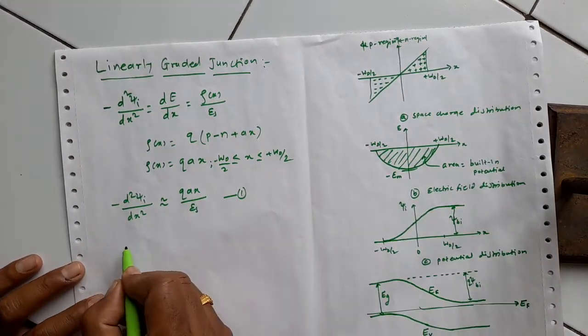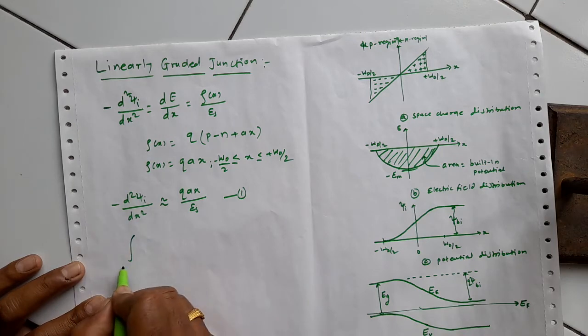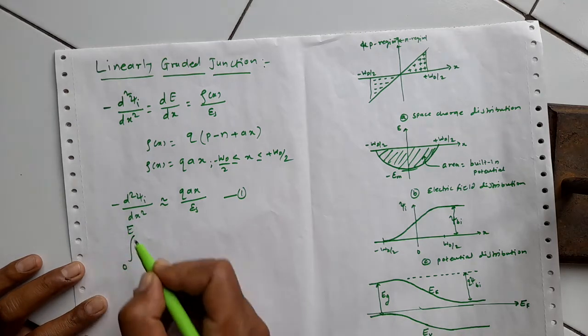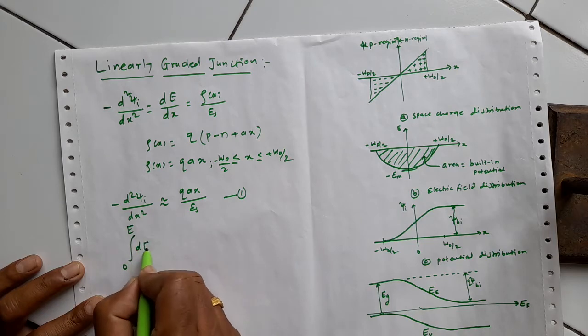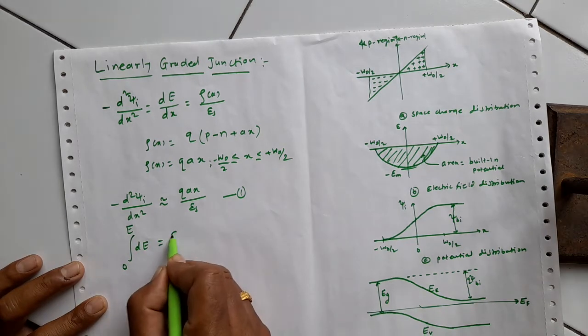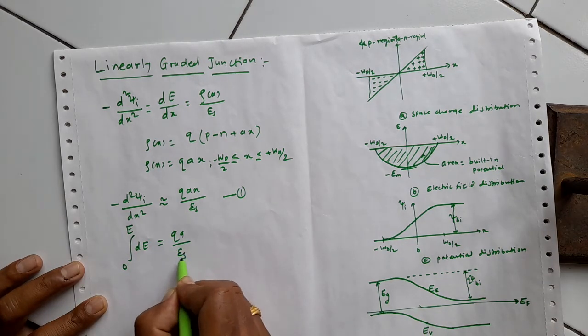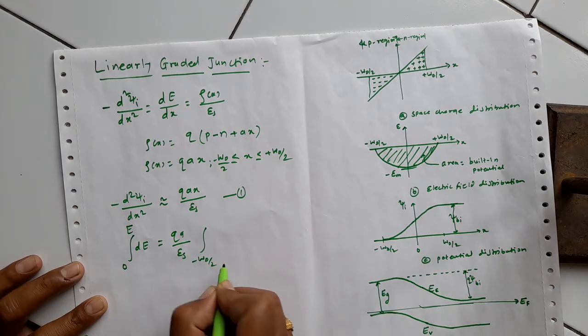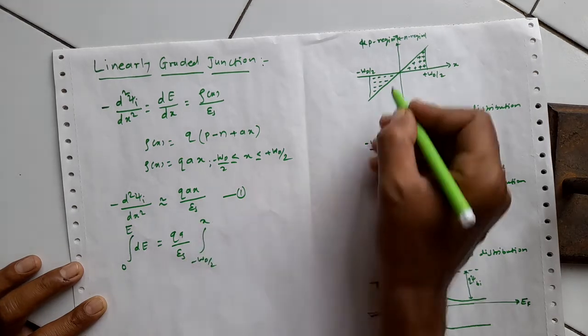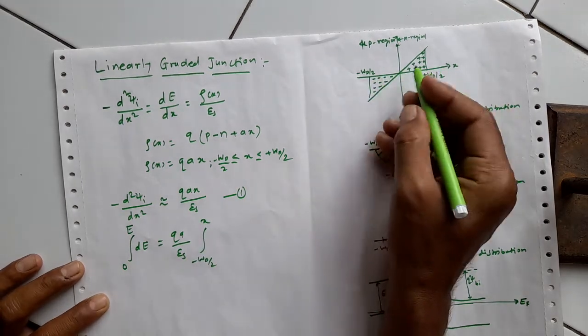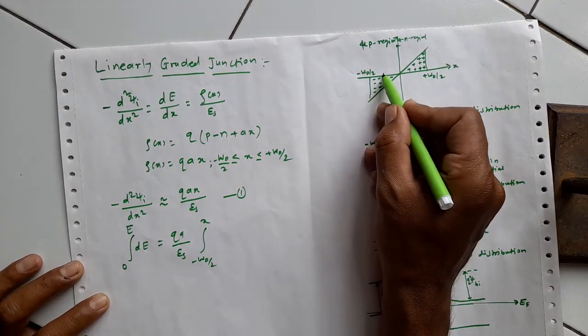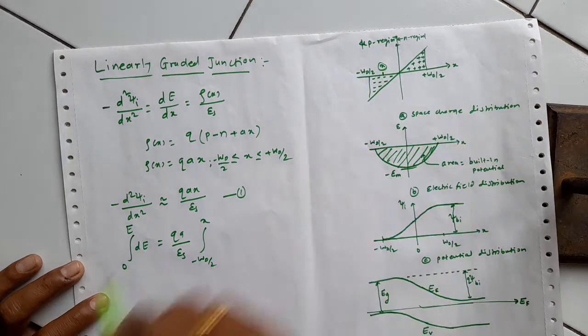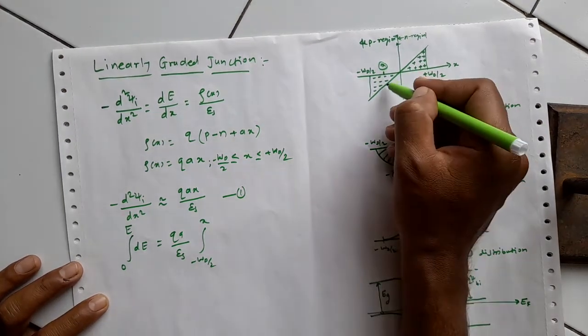So the electric field distribution can be calculated as integral from 0 to E of dE equal to q A upon epsilon s, integrated from minus WD by 2 to some arbitrary x, meaning we will be somewhere within this depletion region, represented as x.